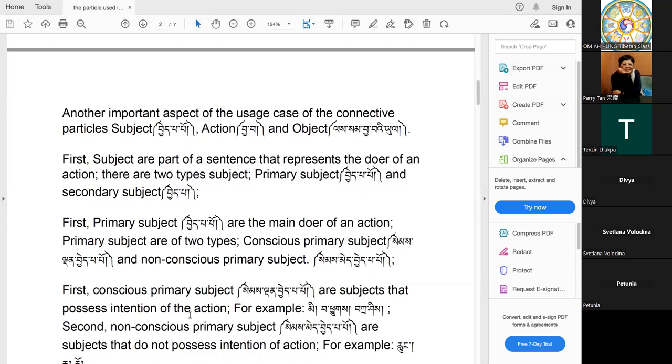So I was just thinking about an example. Let me just say this.